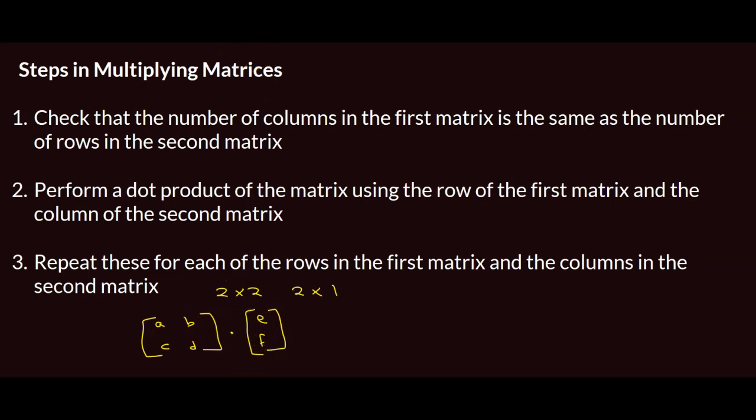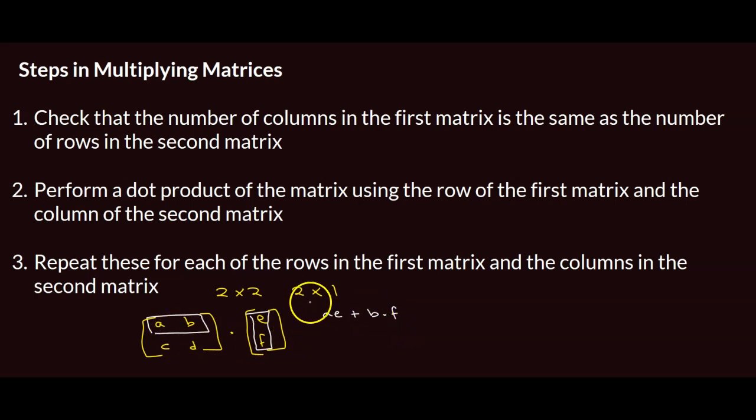Let me get a different color here so I can show you exactly what we're doing. So we're going to multiply this row here by this column. So what we're going to have is A multiplied by E, plus B multiplied by F.